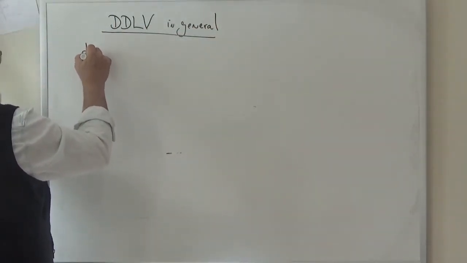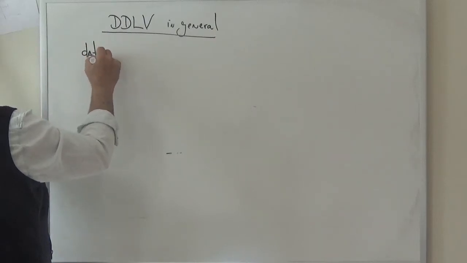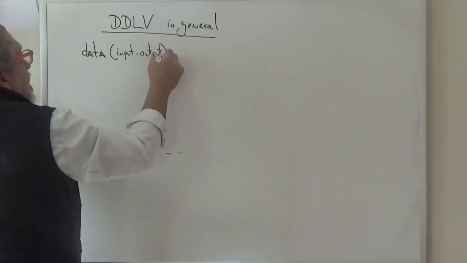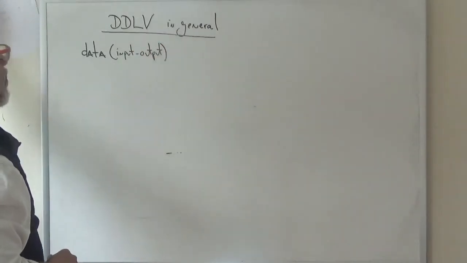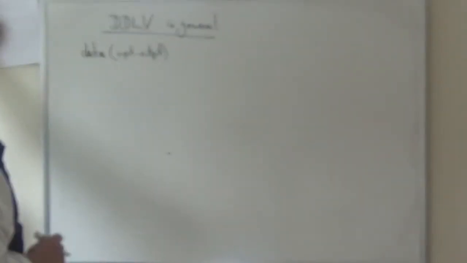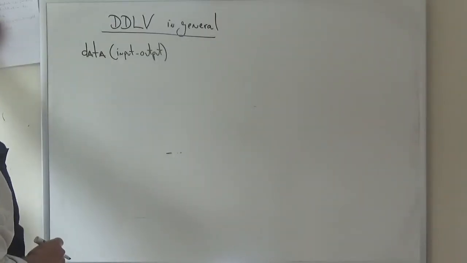So you have data, and this data is input-output in the case of the DDLV. There is a stochastic version which is for when you only have output, but in this case we're talking about the one where you have both input and output.